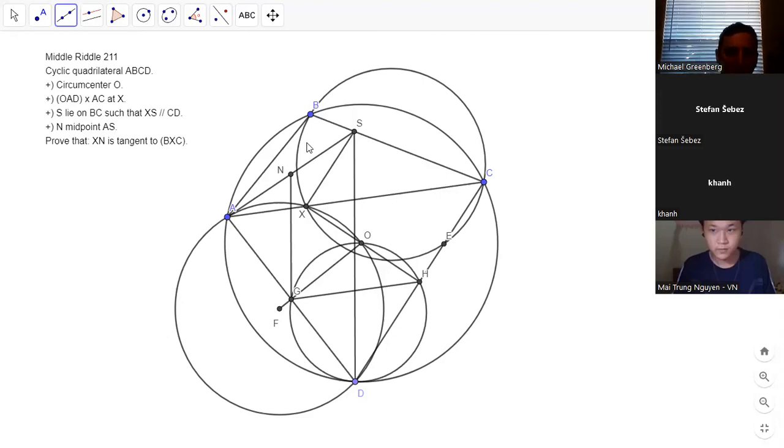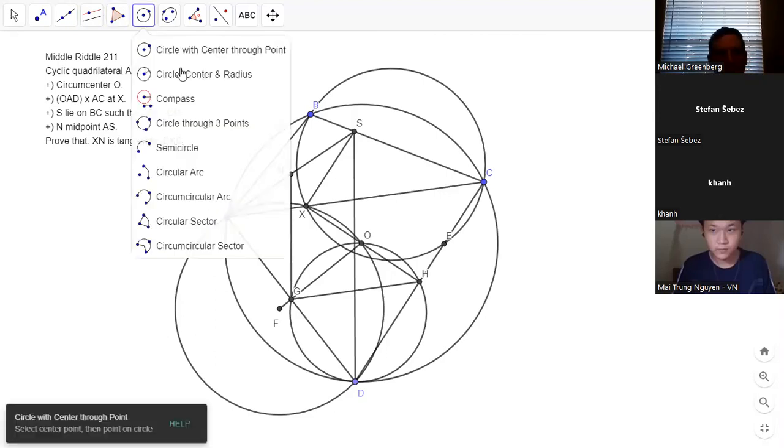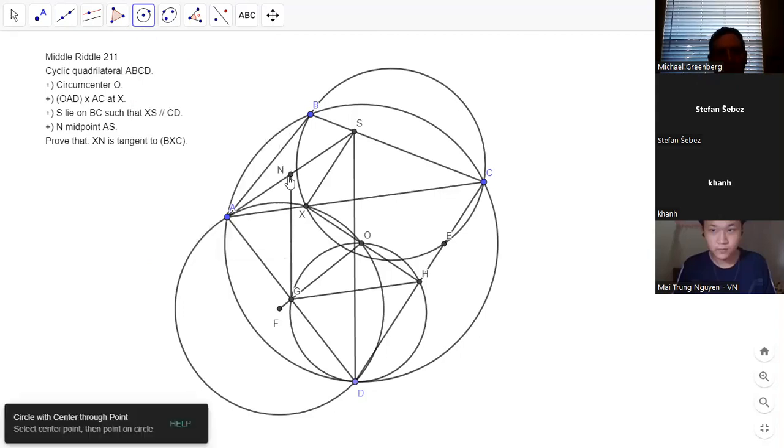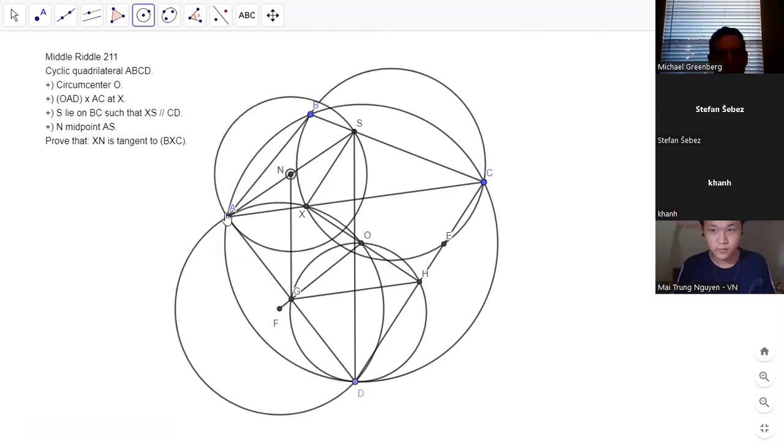can we use right angles? Let's see. What happens if we try to draw this circle? I don't think that does too much.